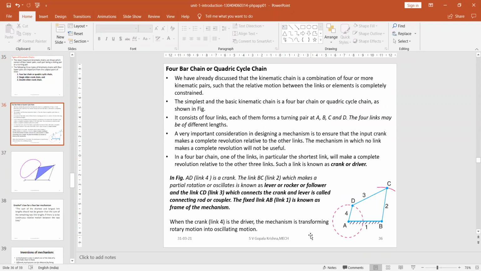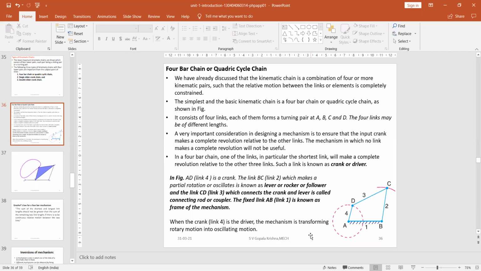The simplest thing is how many links are there. So in our particular mechanism, you only have to write one matter: how many links are there, and which link is acting as the fixed link, and which link is acting as the rotary motion and turning motion, and what function the mechanism is performing. So three points are there.